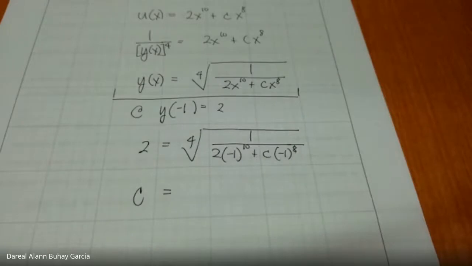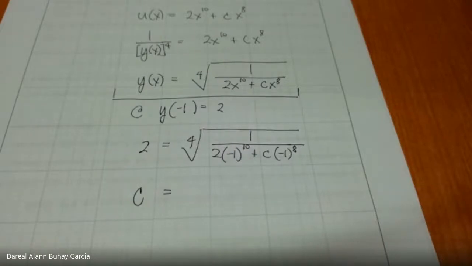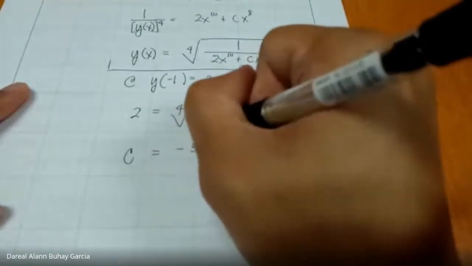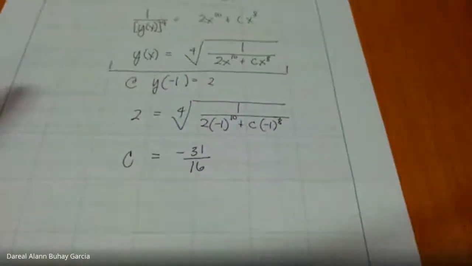If I'm not mistaken, it's negative 31 over 16.